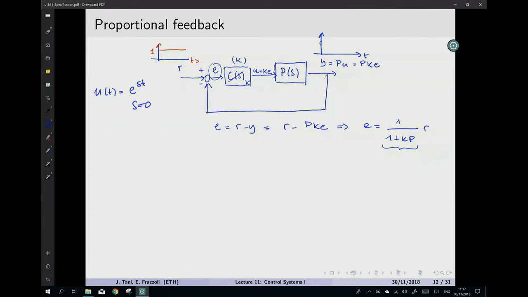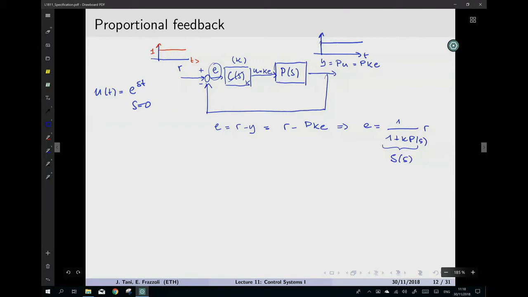Good enough? So it means that the output is going to respond to what? The output is going to be a sinusoid at the same frequency, so a constant value. But what is that value? Well, it's probably not going to be 1. It's going to be the value of the transfer function evaluated at that specific frequency. Here the transfer function is, by the way, what we called before the sensitivity function.